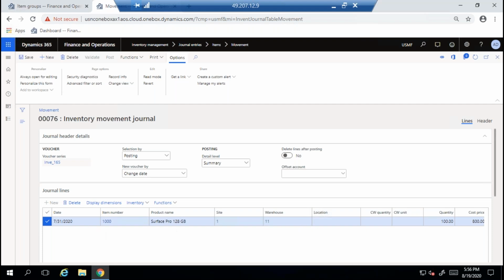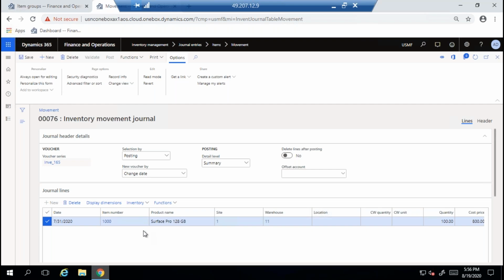Now I have used it in the middle. The system will not stop you, even if you have already gone live, but the purpose of this movement journal is for opening stock. Now the logic I have told you, instead of August 1st, why I need to select July 31st.